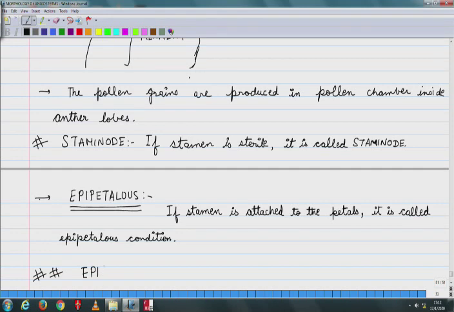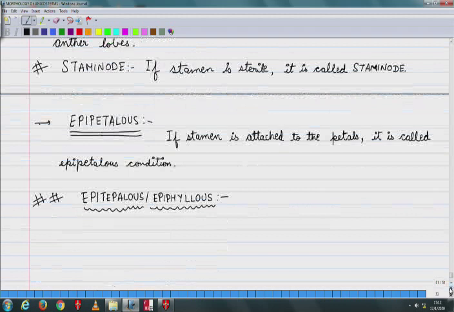They use the term epitepalous very little, they use the term epiphyllous more.